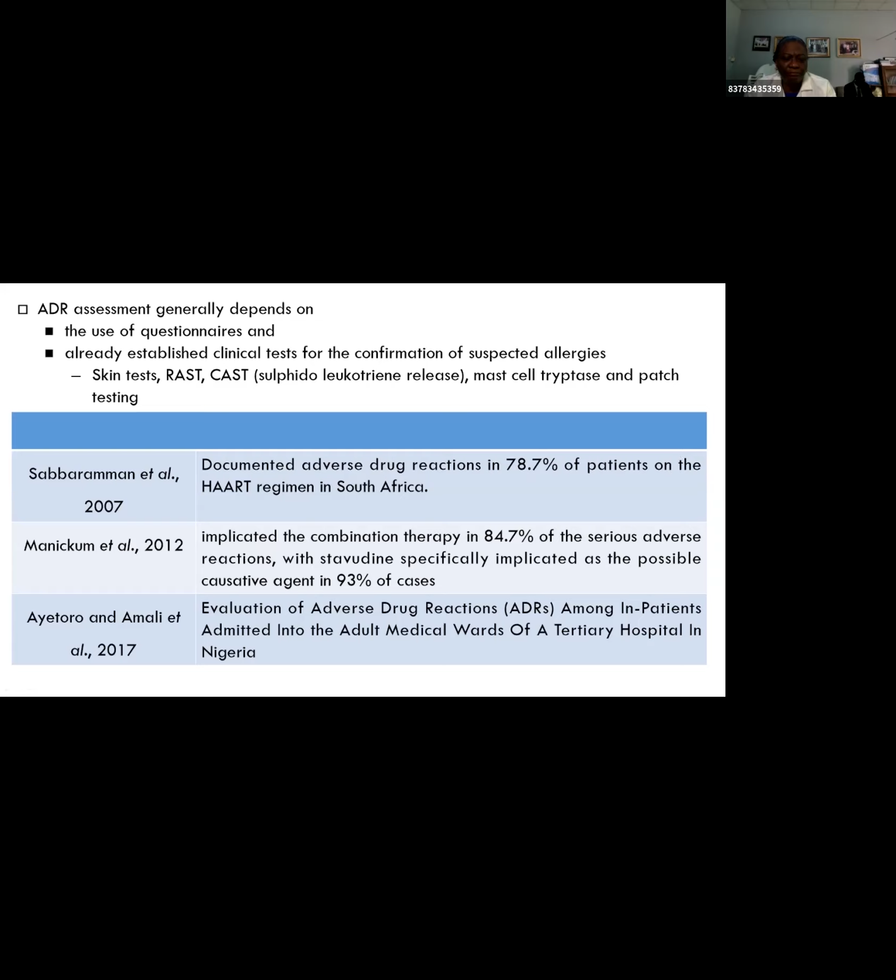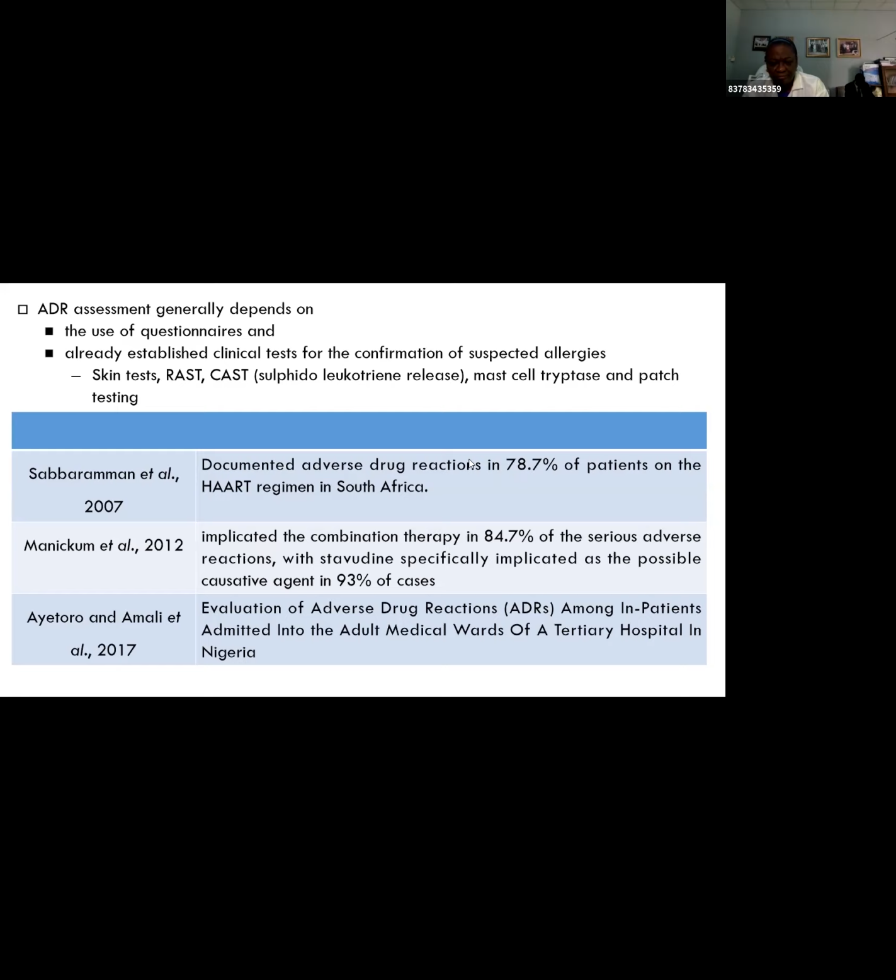All these have been documented in previously written papers or conducted studies. In South Africa, 78.7% of patients on the HAART regimen were found to possess one adverse reaction or the other. In 2012, in the United States, they found that combination therapy presented with serious adverse reactions, and stavudine specifically was implicated in over 90% of cases.